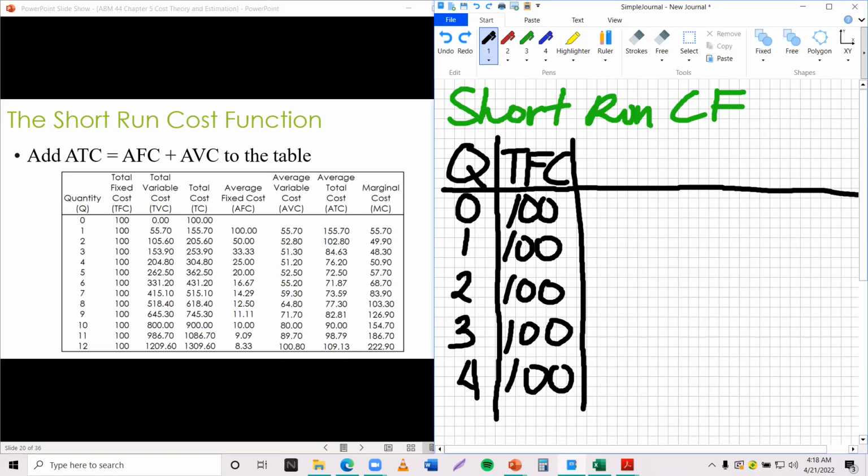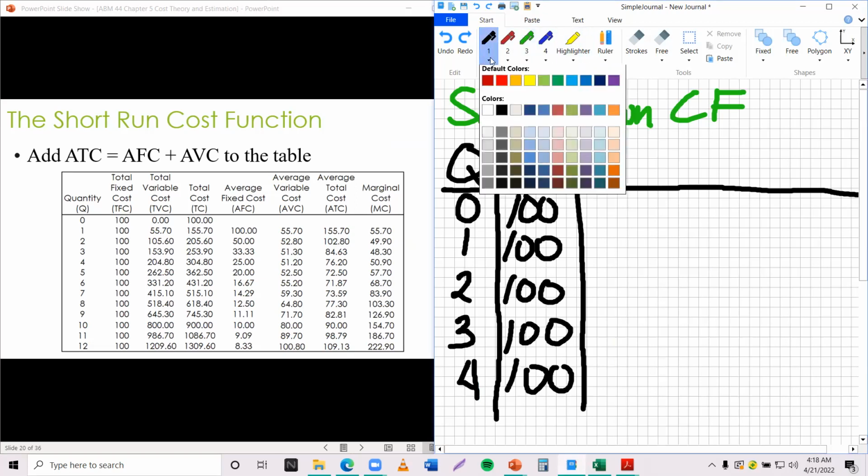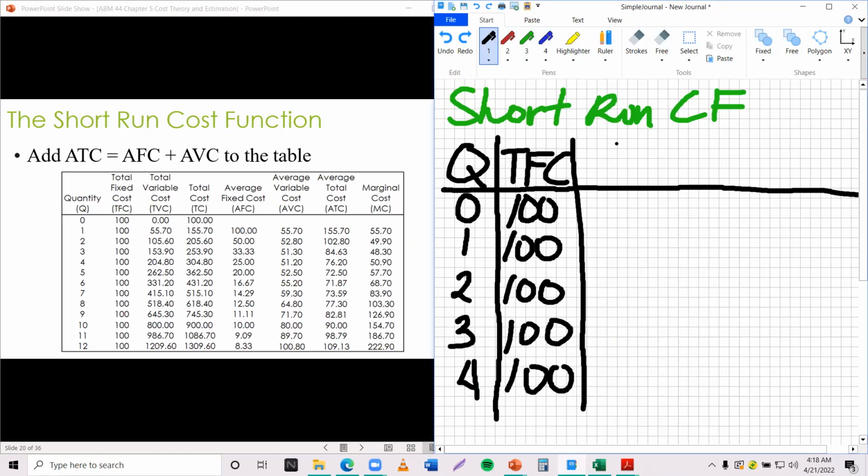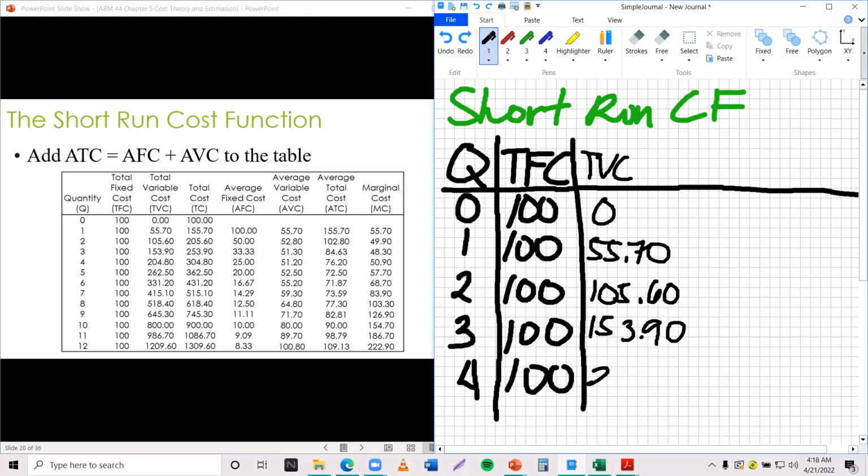So next, I'll just use the letter. Next would be the total variable cost, which is given. Let's have a 0 here, then 55.70, 105.60, 153.90, and 204.80.